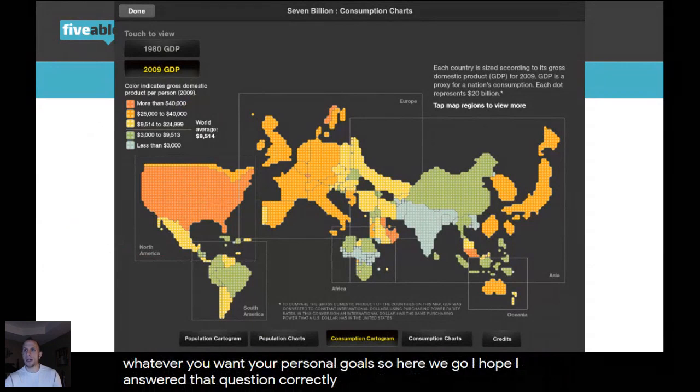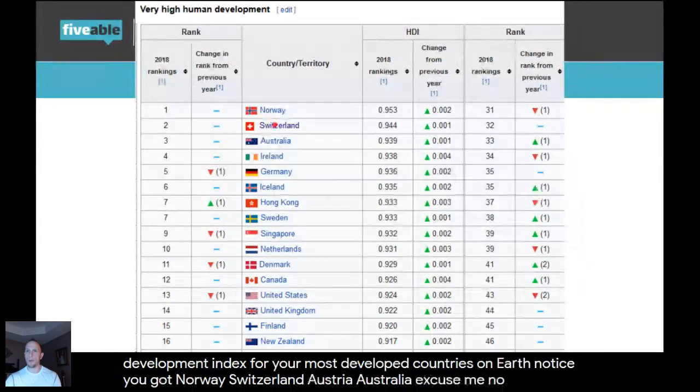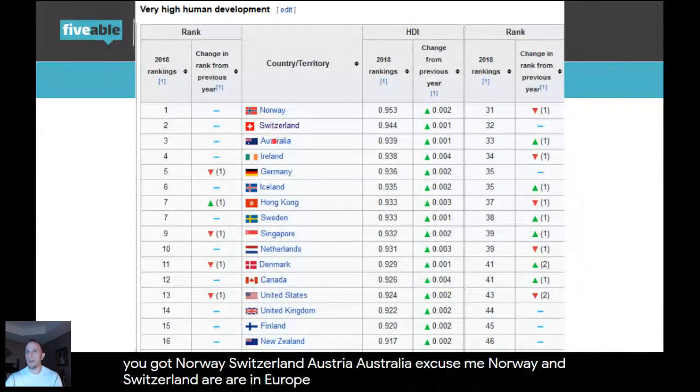Okay, so let's go back a couple of slides. Go back. This right here is a relatively current list, 2018 rankings of the Human Development Index for your most developed countries on Earth. Notice you got Norway, Switzerland, Australia. Norway and Switzerland are in Europe. Most of these are going to be European, or you got the United States is number 13.